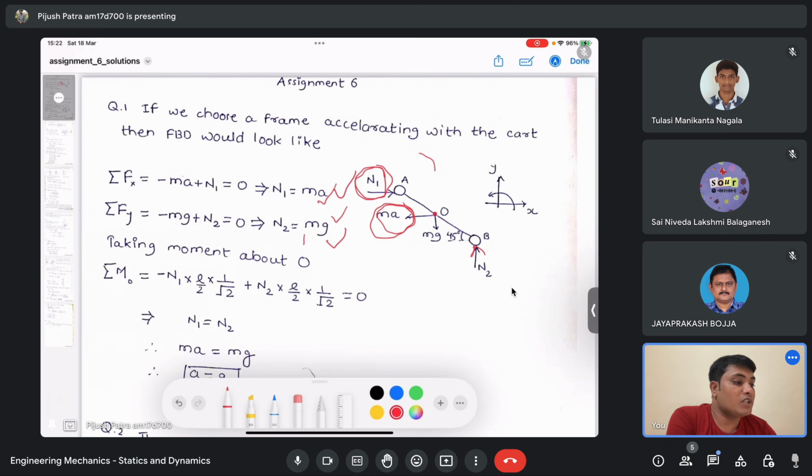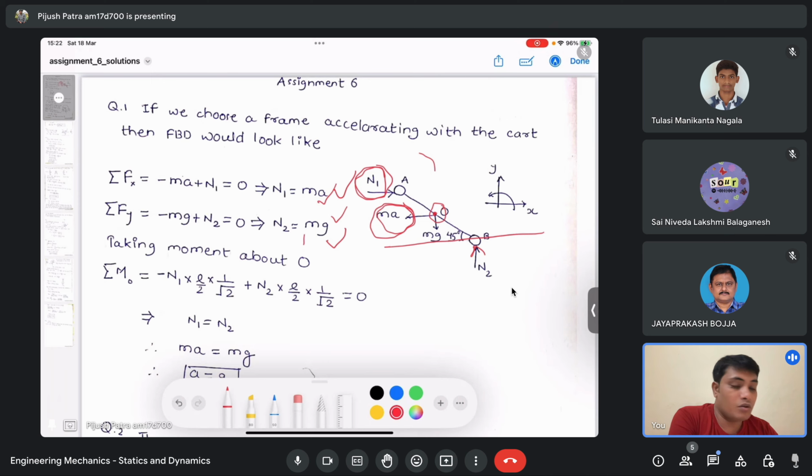Now if you take a moment about the point O, where the acceleration of the rod is going, not the entire frame, only the rod. If you take a moment about this point O, what will you get? And this angle is 45 degrees, by the way.